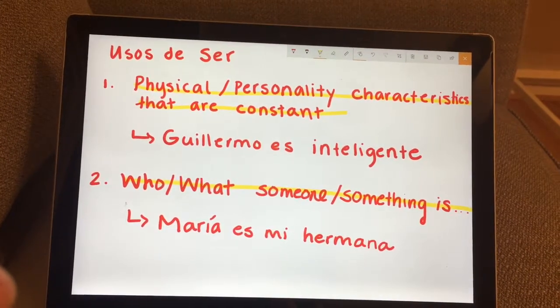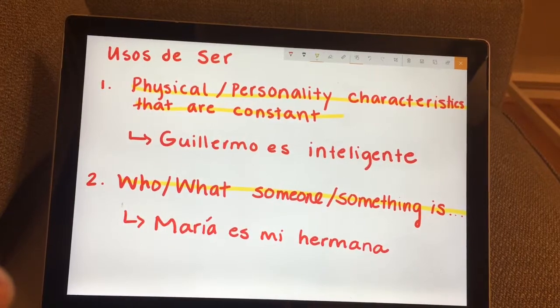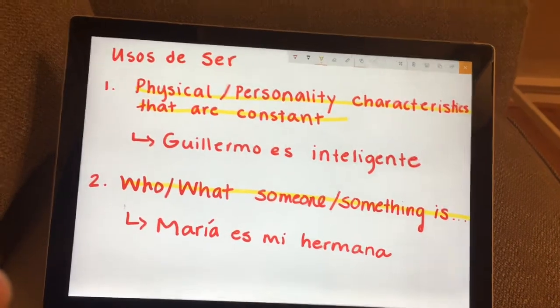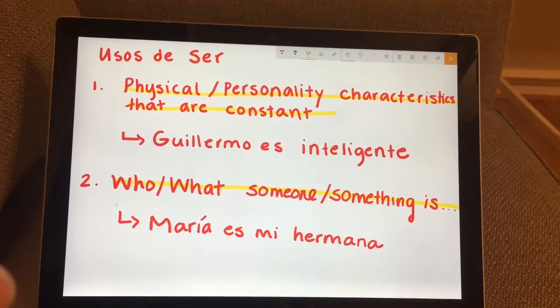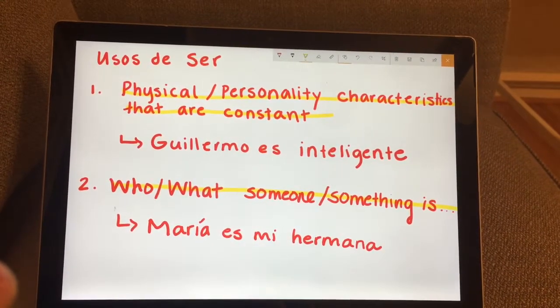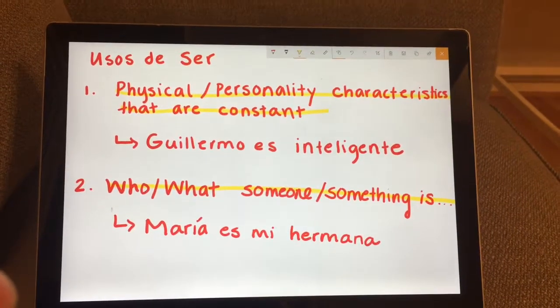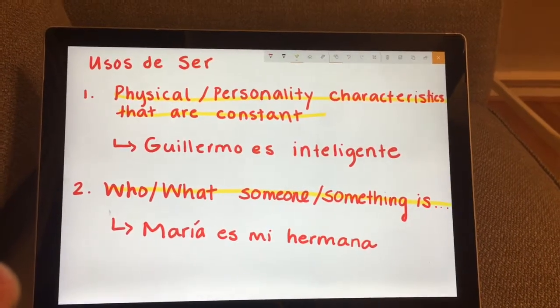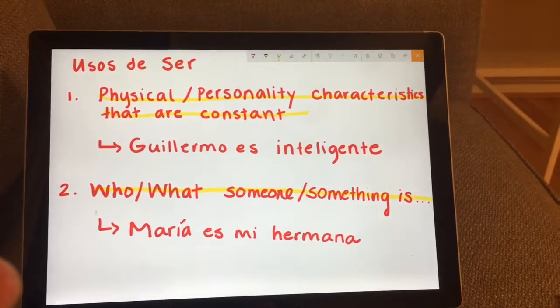Número dos is to explain who or what someone or something is. So for example, María es mi hermana. So María is my sister. Another example that isn't written down here would be Señora Garcia es profesora de literatura. Mrs. Garcia is a literature professor.